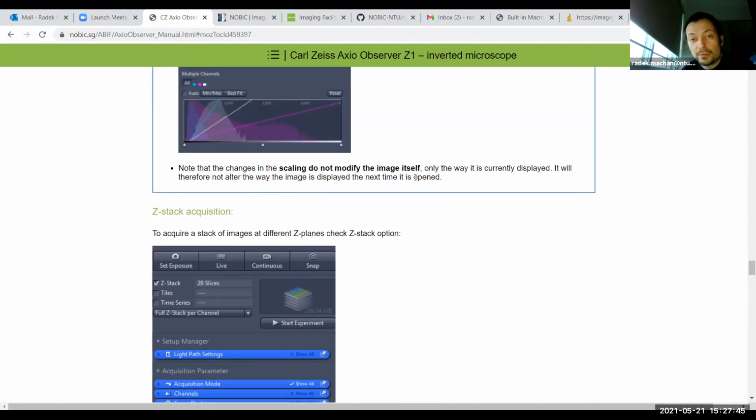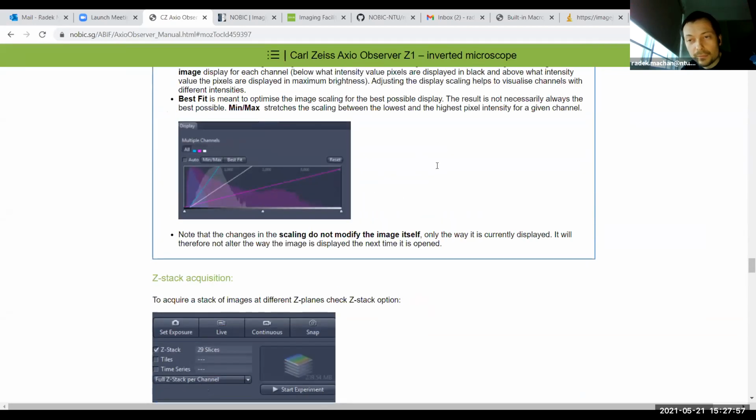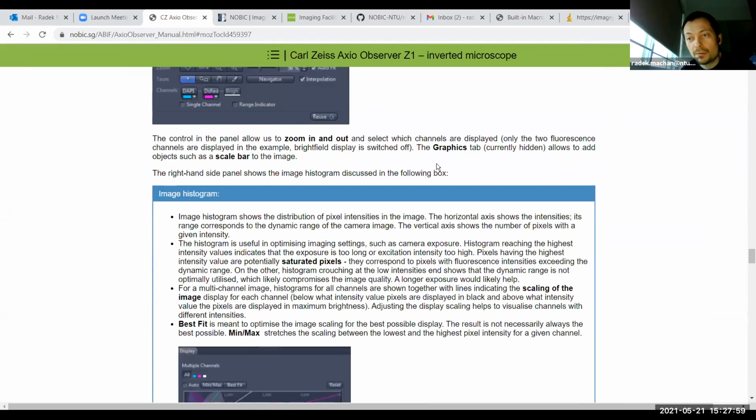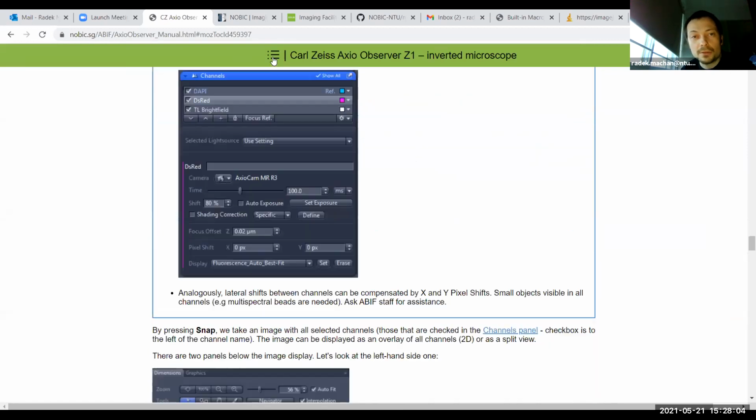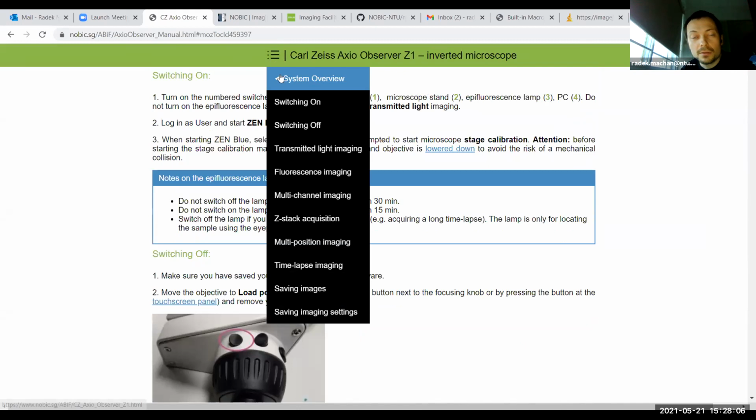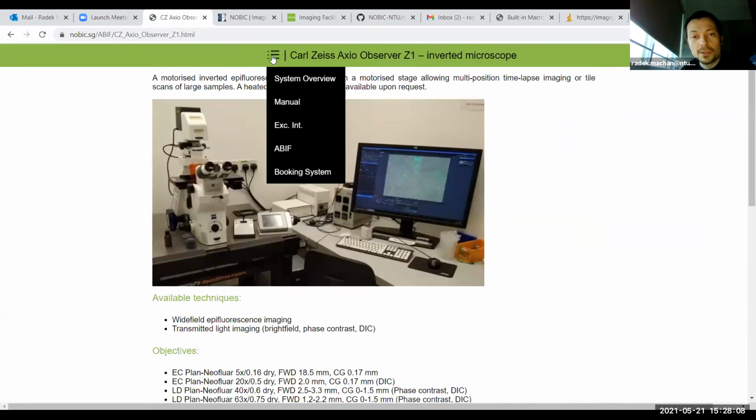So in case you have had a training session for a microscope but maybe haven't used it for a long time, you can also use this as a reference source to catch up on how to use the microscope if you are not sure about something.